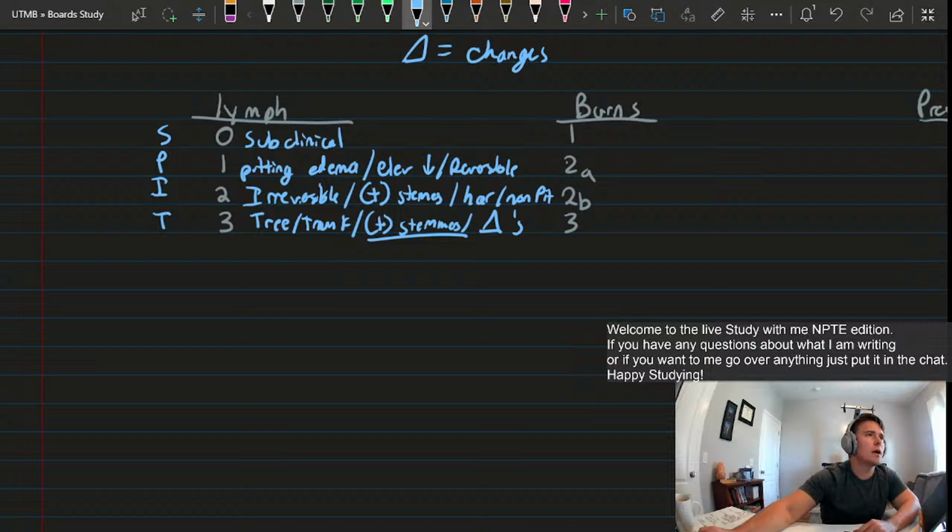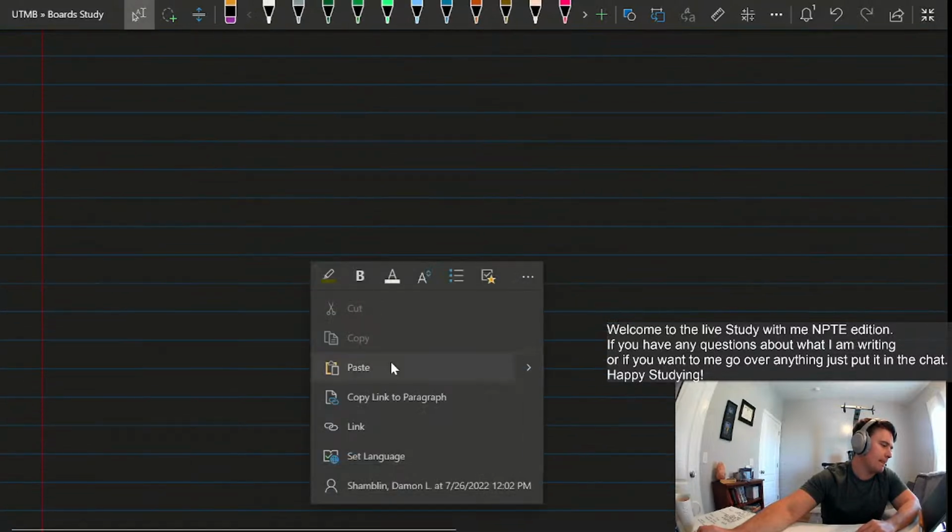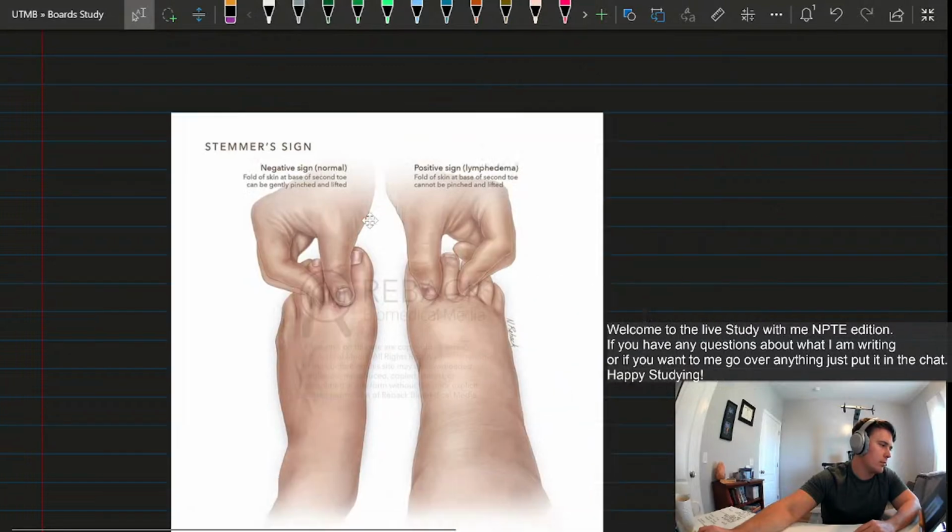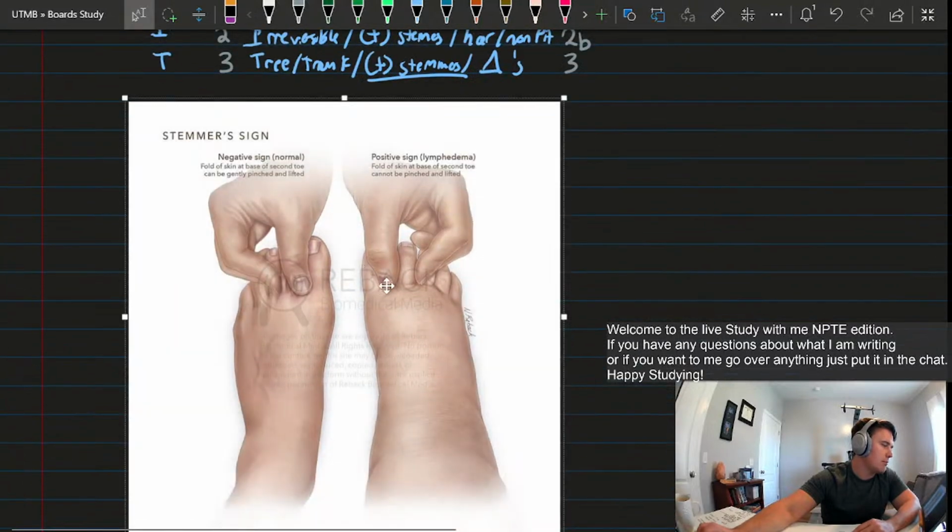So a Stemmer sign is literally this. This is a positive Stemmer sign. If you can pinch the skin on the second phalanx on the foot, that's a negative Stemmer sign. You see how you can pinch the skin there?